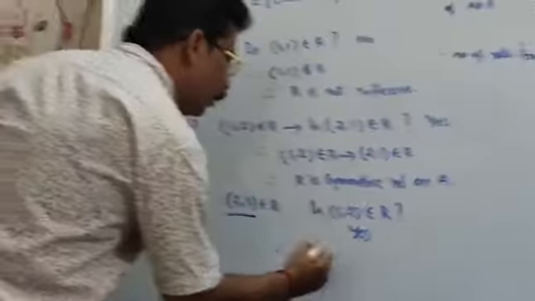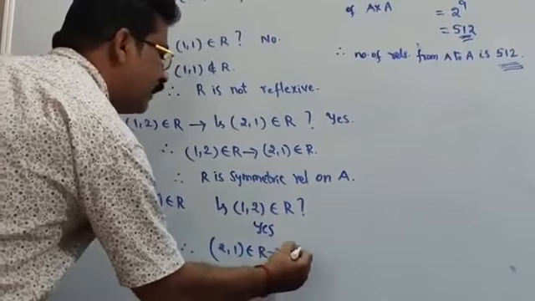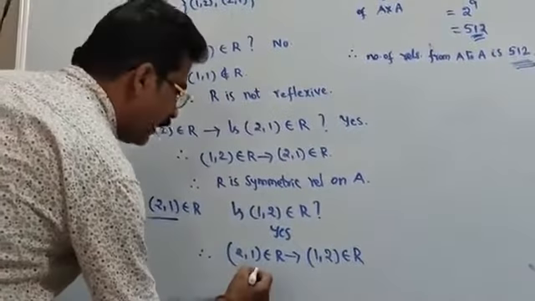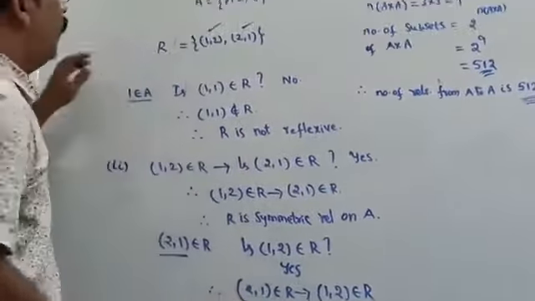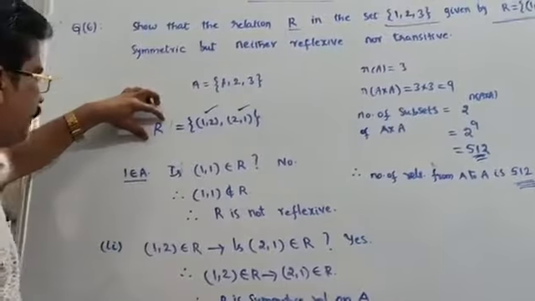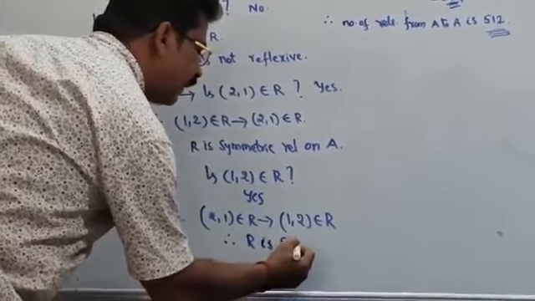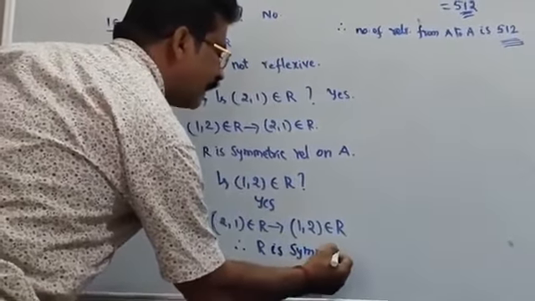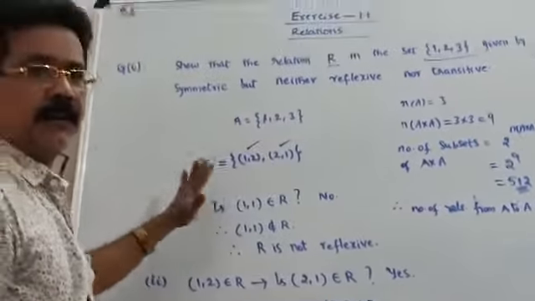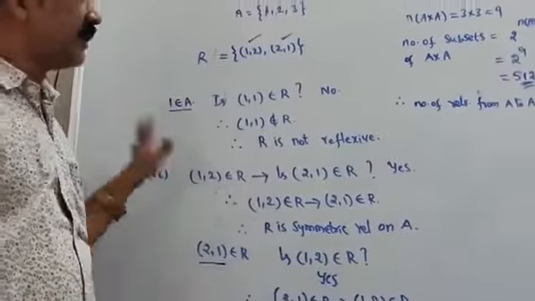Therefore, if (2,1) belongs to capital R, then (1,2) also belongs to capital R. So for the first element, for the second element, for all elements of capital R, it is verified. Therefore R is symmetric. We have to take all the elements in capital R. This is the procedure of showing a symmetric relation.